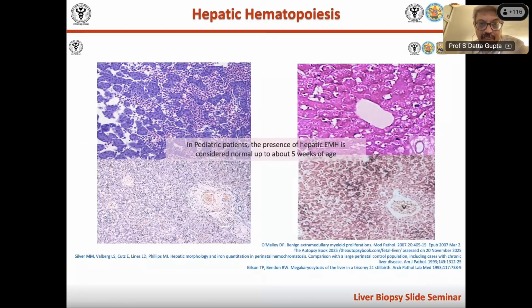So in pediatric patients, EMH you can get up to 5 weeks. You can get some iron during this period, because with all these RBCs, sometimes these normoblasts can also break and you can get some hemosiderin, but it is very little. Okay, so it's normal up to 5 weeks.